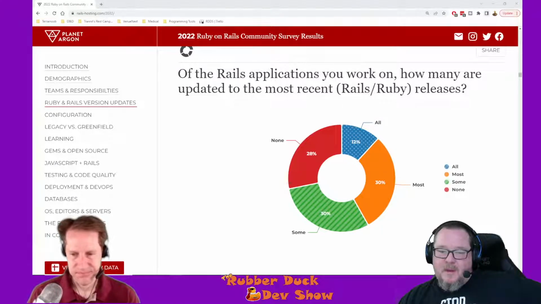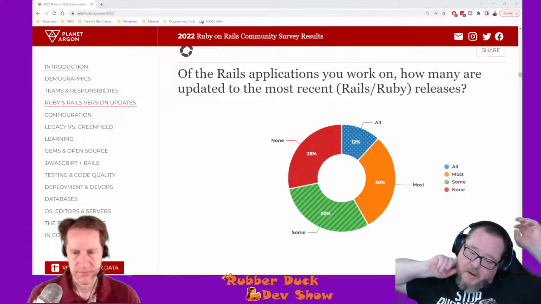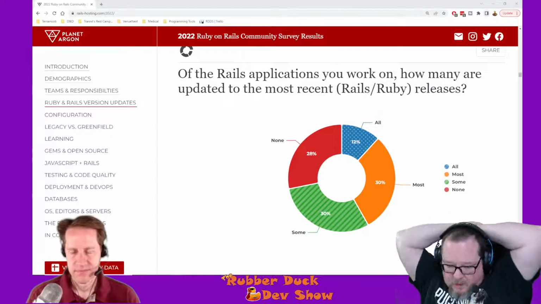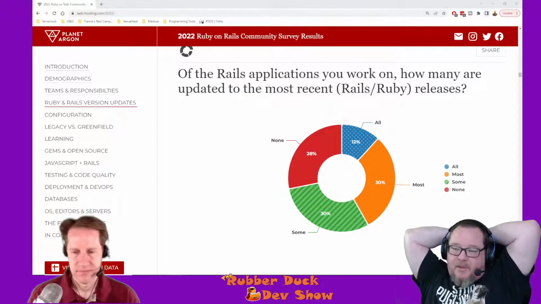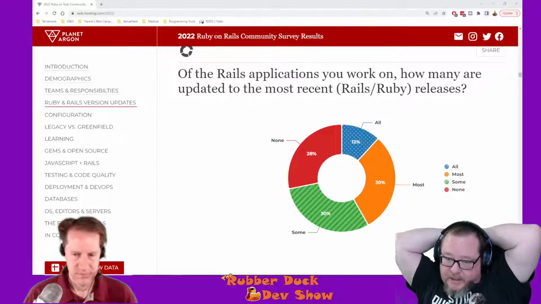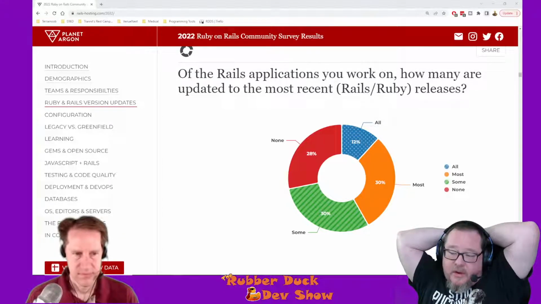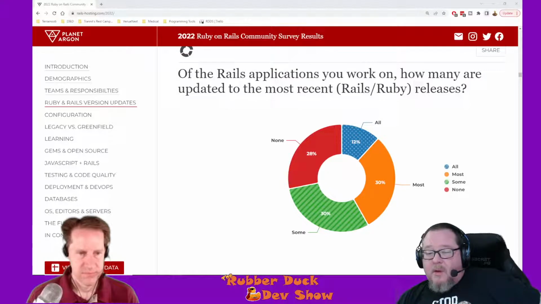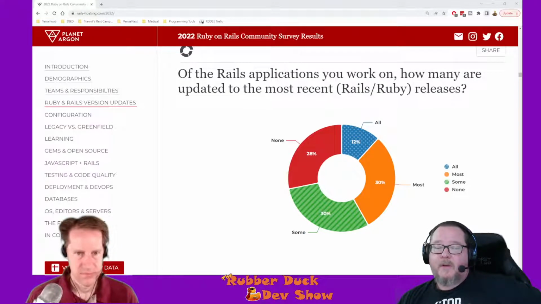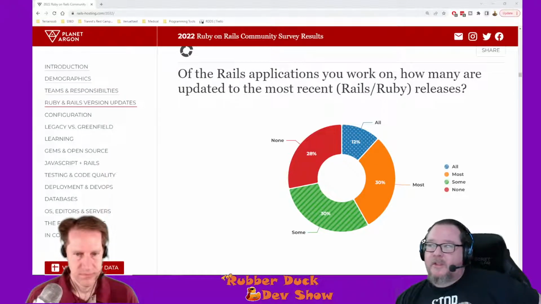Yeah. I mean, we just brought our core engine app up to Rails 6. So we're on the march to 7. We haven't gotten there yet. And it's because things are so big and there's other stuff you've got to do besides keep up to date with Rails every year.